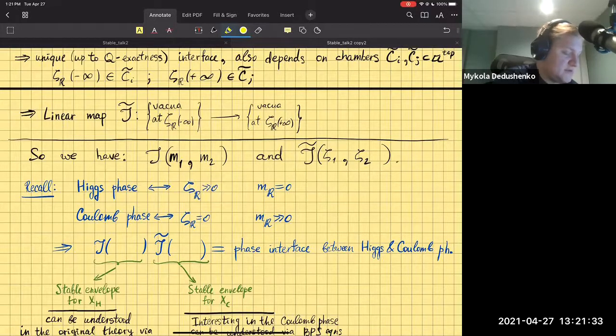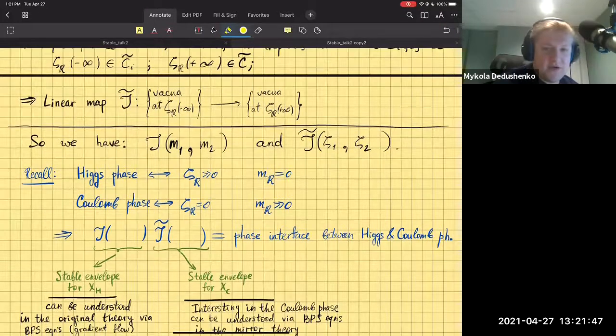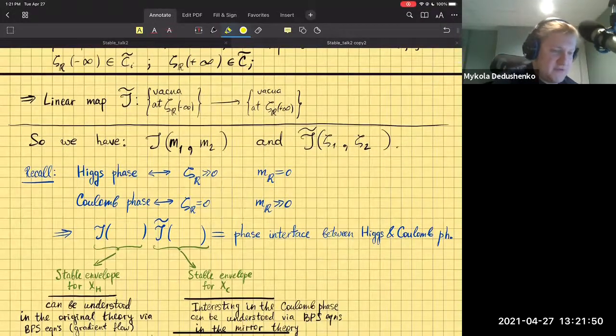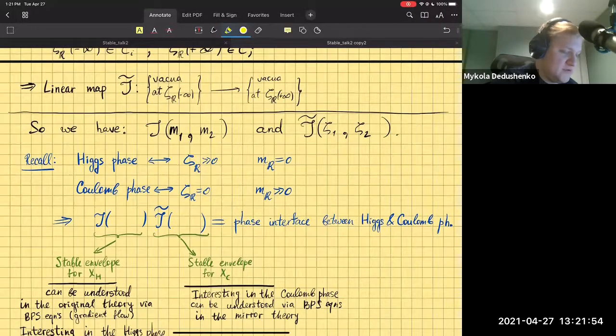And the Coulomb phase is the opposite: you keep the phi parameter 0 and the real mass is generic and large. Well, it doesn't have to be large, but due to the RG flow the mass will inevitably grow in the IR, so we can just assume that it's large.